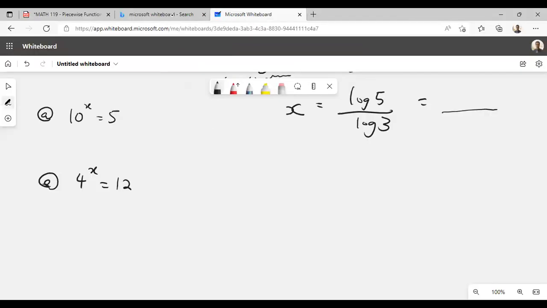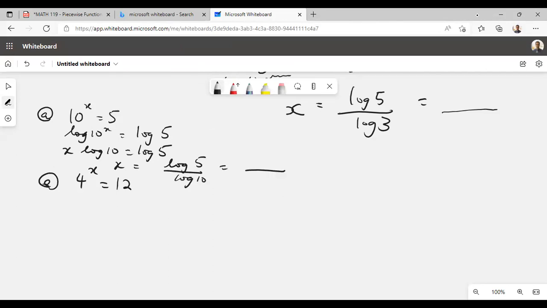If I take logs on both sides, I'll get log of 10 to the x is equal to log 5. Using the rule of logs, I'll get x log 10 is equal to log 5. Then finally, x is equal to log 5 over log 10. As I said, you could get that in your calculator. Press log 5, get an answer. Press log 10, get another answer, and just divide them.